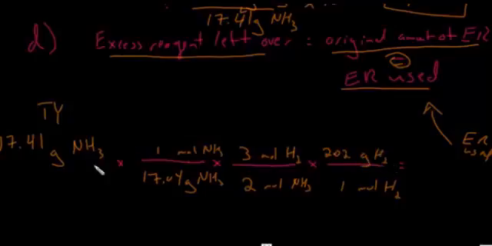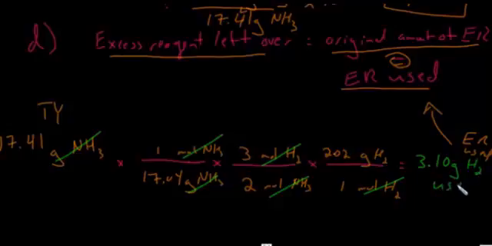So go ahead and check that all of your units cancel out: grams of NH3 cancels out, moles of NH3 cancels out, moles of H2. Awesome. And so we can calculate now that 3.10 grams of H2 should have been used to produce this amount of your theoretical yield. So how much excess reagent is left over?